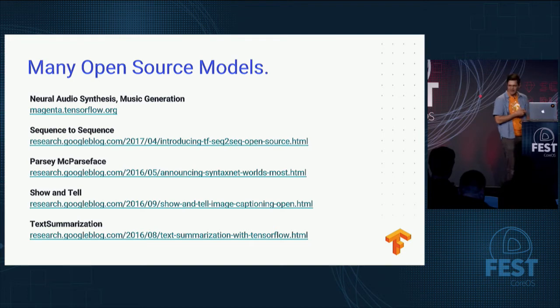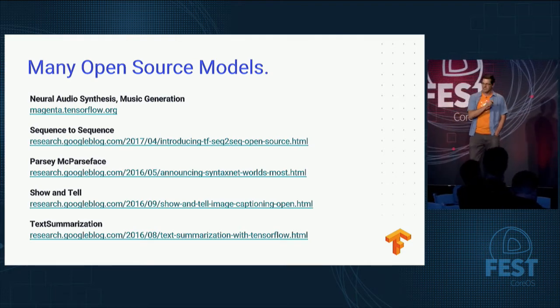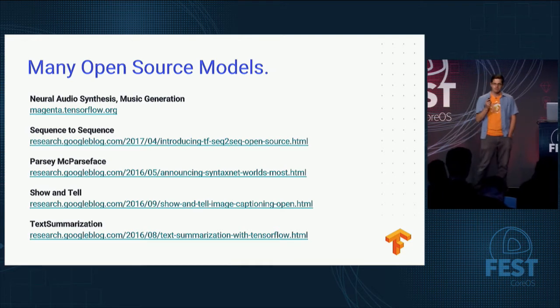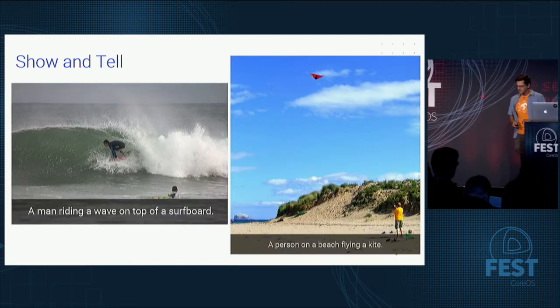And of course, there are many more examples than just these, more than I can fit on a slide. But the key point is that there are open source deep learning solutions for many problems. And these break records relative to a couple of years ago.